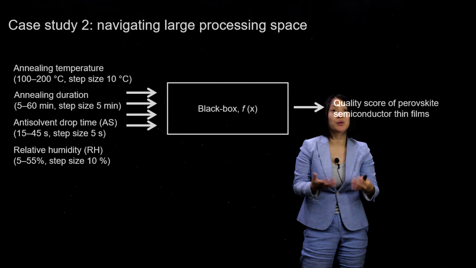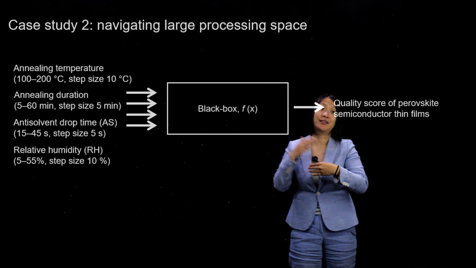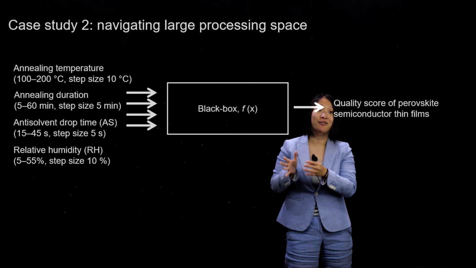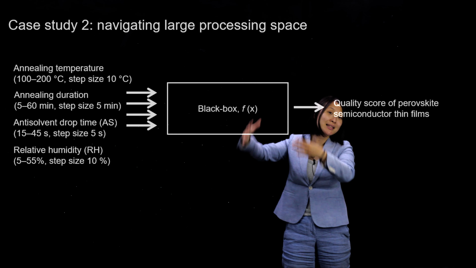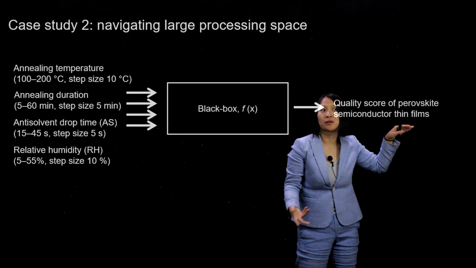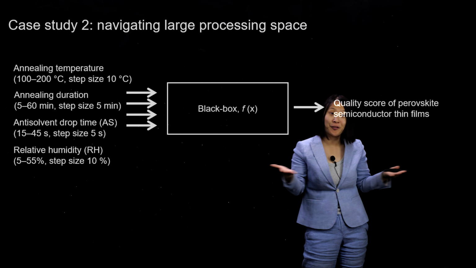We are interested in tuning the annealing temperature, annealing duration, the anti-solvent drop time, the relative humidity, and all of these processing parameters would affect the quality score of how good the final films are.